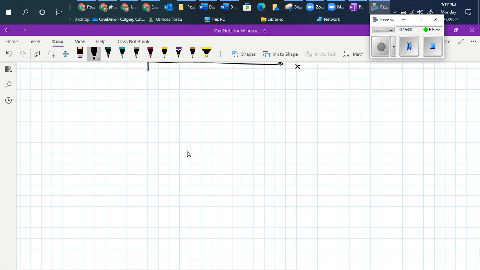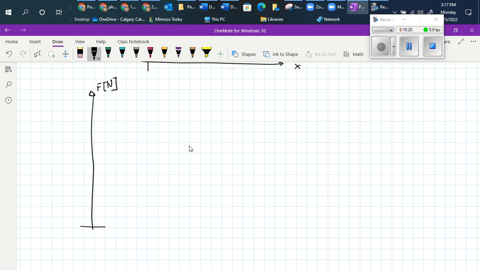And for this, I will take a situation which will be very similar to what you will see on the practice. So force in newtons versus time in seconds is something like this.